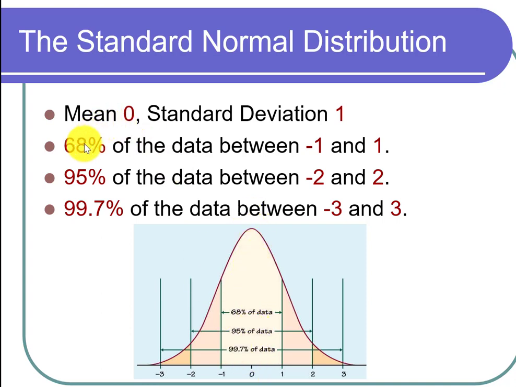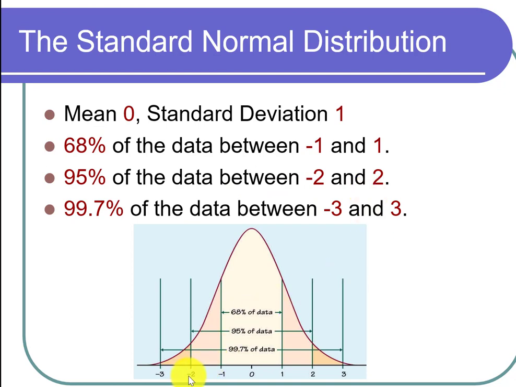And then what we can say is that about 68% of the data is between -1 and 1 for the value. We're going to use the letter z for that value. So in between z equals -1 and z equals 1, that area is 0.68, or we can think of it as 68% of the total area. 95% of the data is between -2 and 2.